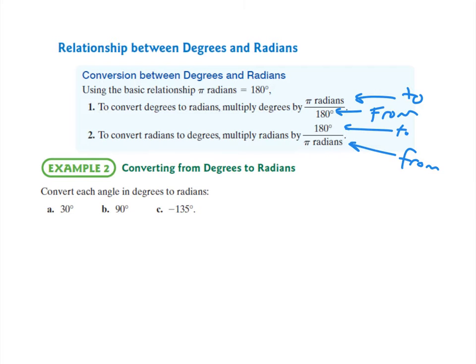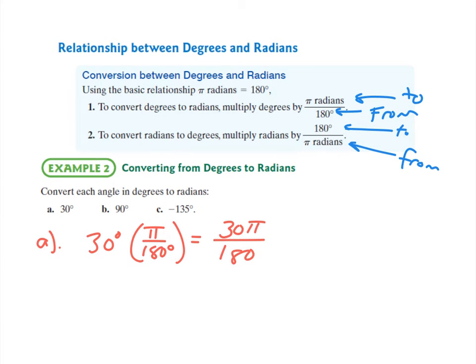So, for example 2, we're going to convert 30 degrees to radian form. So we'll start with our 30 degrees. And then it says to convert from degrees to radians, we multiply by pi over 180. When I get that multiplied out, I get 30 pi over 180.